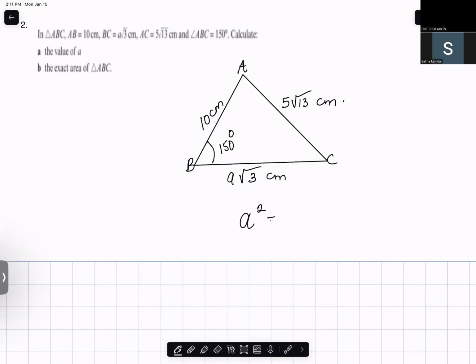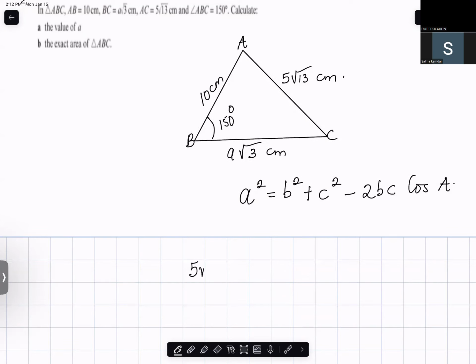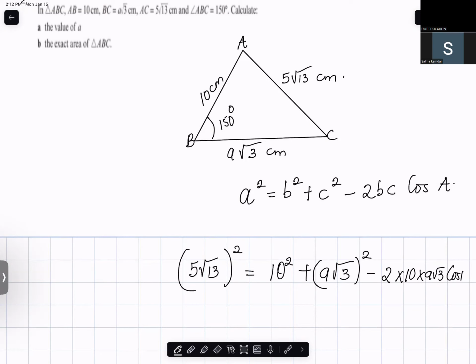Remember our cosine rule says a squared equals b squared plus c squared minus 2bc cos A. So if you look at the one we have here, I'm going to use that, that is 5 root 13 squared equals 10 squared plus a root 3 squared minus 2 multiply 10 multiply a root 3 cos 150 degrees.